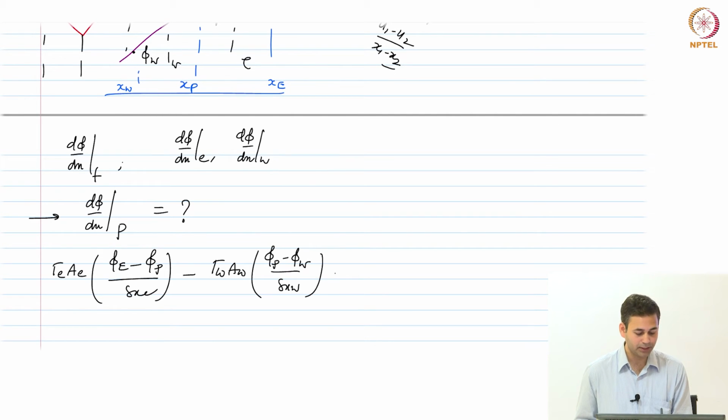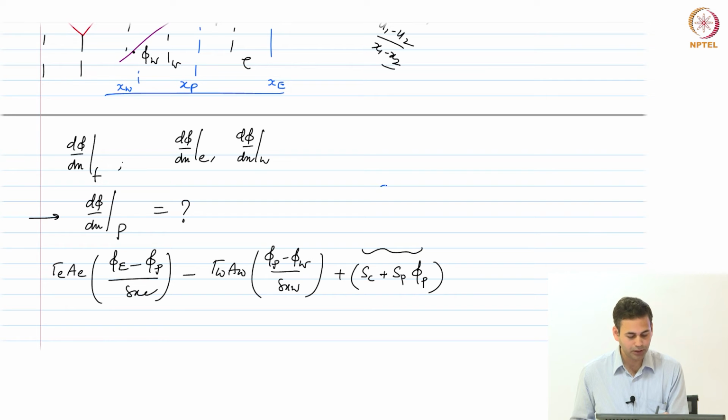We have the source term, S phi, which would be SC, some constant like 10, 20, whatever, plus some SP, also a constant, maybe 200, 300, whatever, times phi P. So this is the model we have introduced for our S phi bar, a linearized model. What else do we have? We have this multiplication with delta V equals 0.